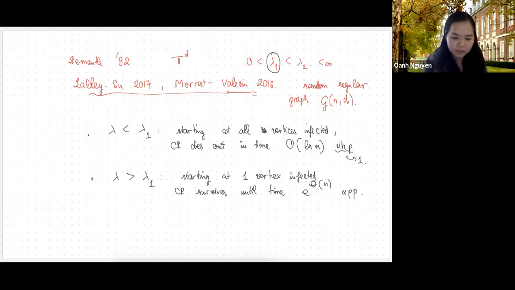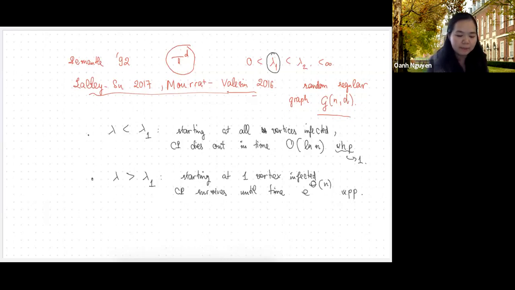The relationship between this result by Lally and Su, Mourrat and Valesin with the result by Pimentel is that the regular tree is the local weak limit of G_{n,d}. So these are actually very closely related.